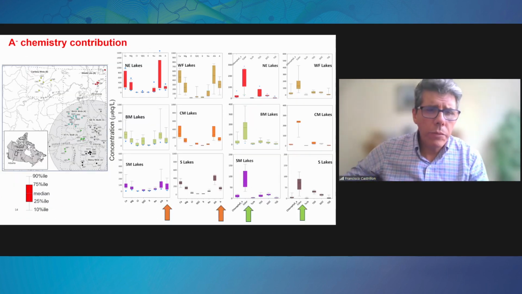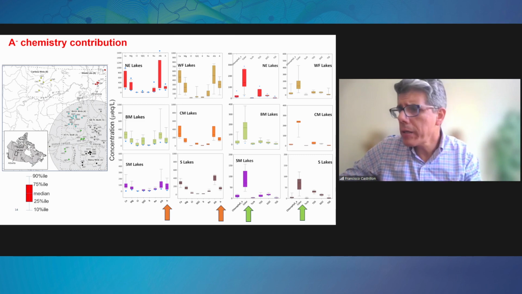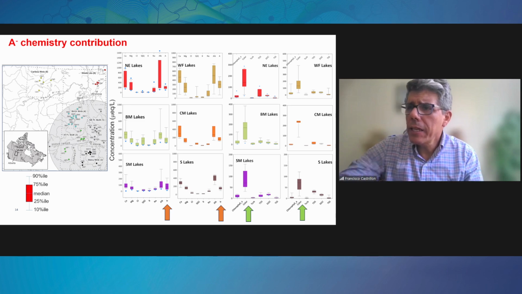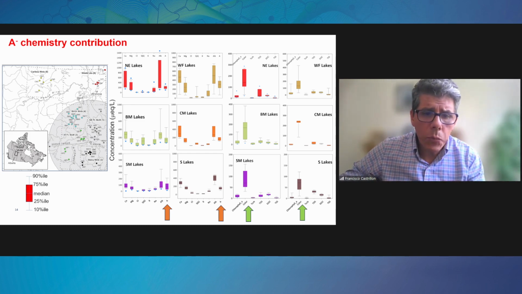So when we plotted the chemistry in a simple box diagram, we observed that these lakes in general have a calcium bicarbonate composition. And then in some lakes, where you see the orange arrow at the bottom of your screens, you can see the carboxylic acid component as part of the imbalances.